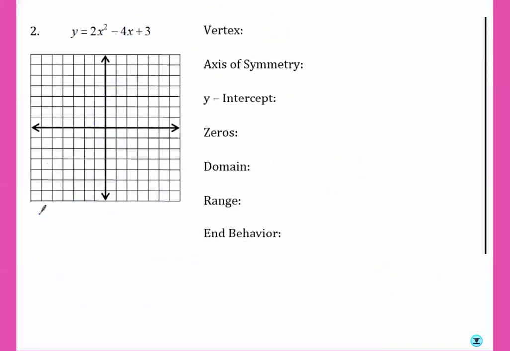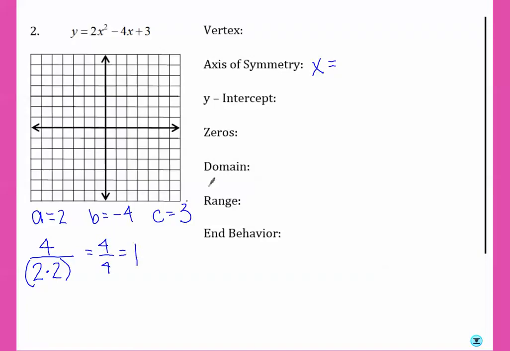In our next example, a is 2, b is -4, and c is 3. So first we need to find our axis of symmetry. So we're going to have -b. Negative is going to make it positive over 2 times a. So we have 4 over 4, which is 1.